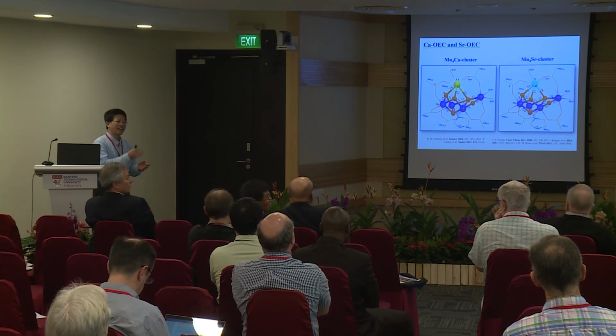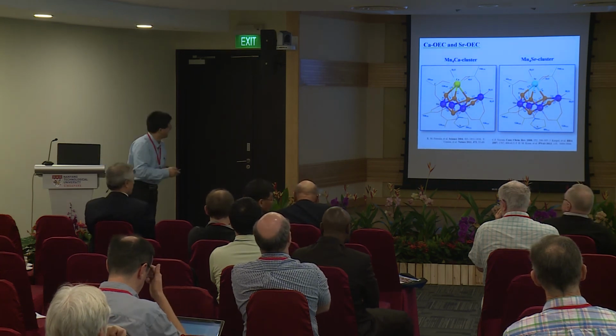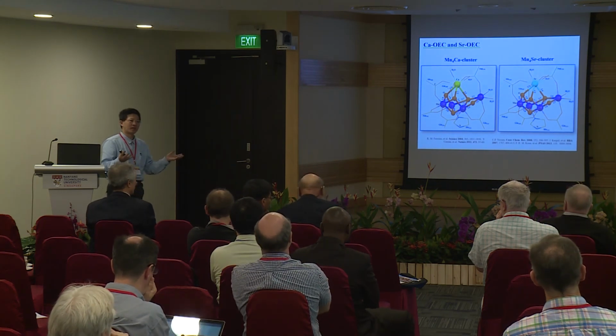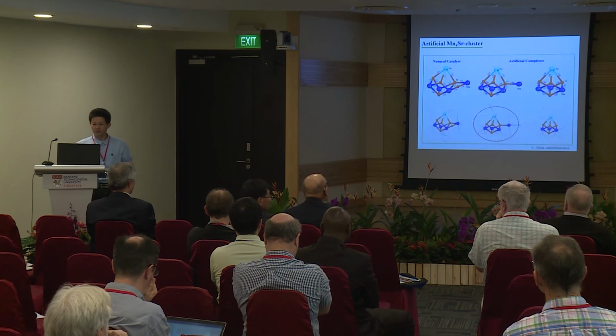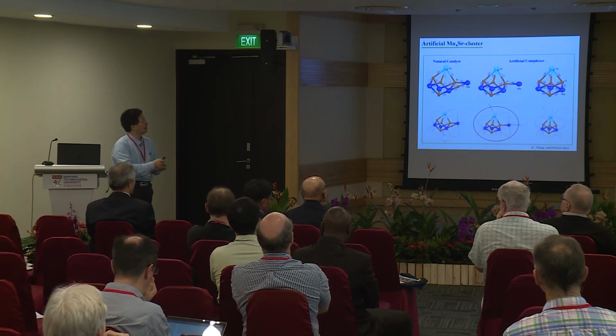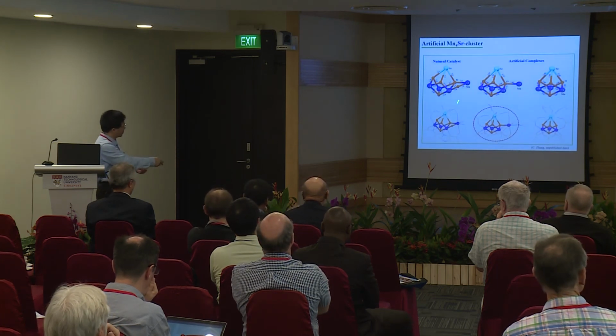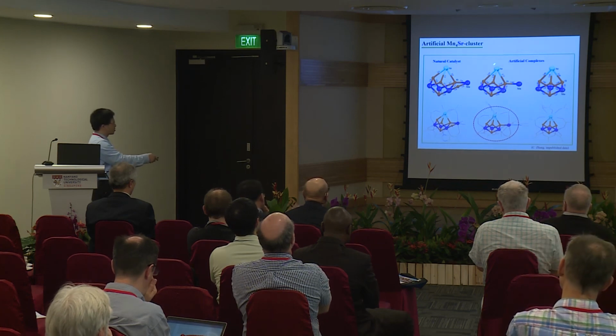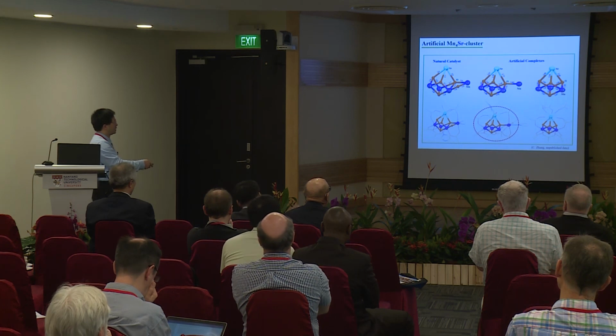Now, from the biological system we know strontium. Can we make strontium? Yes, we can. Here is strontium, and here is our model complex, 4 manganese, 1 strontium. You see all the distances are very close.